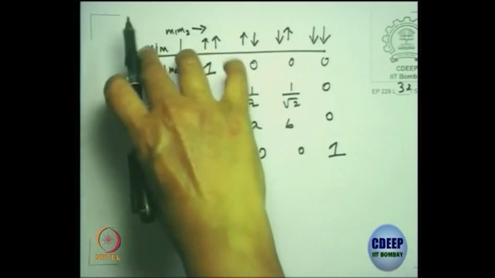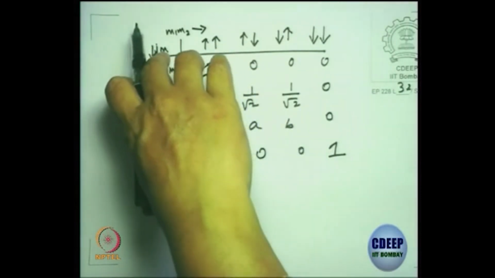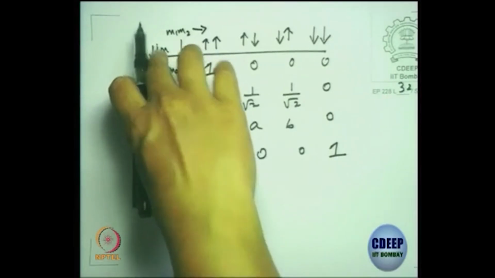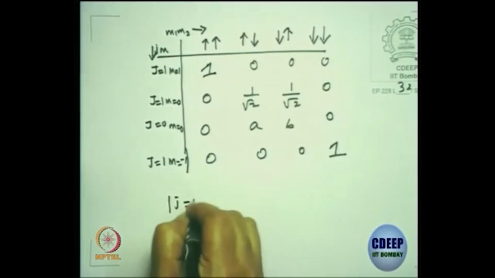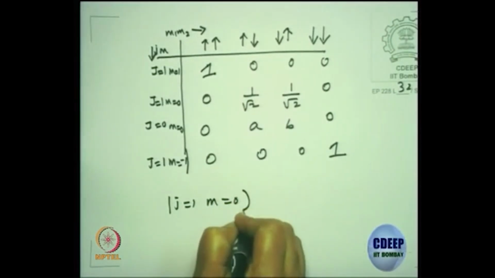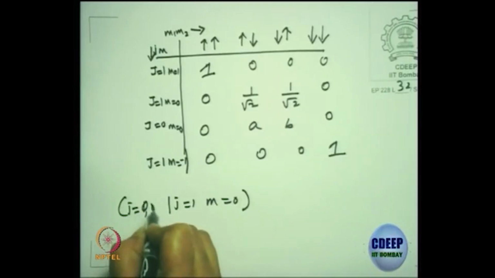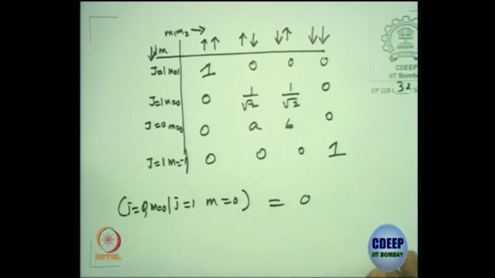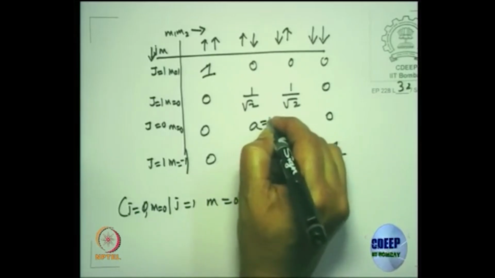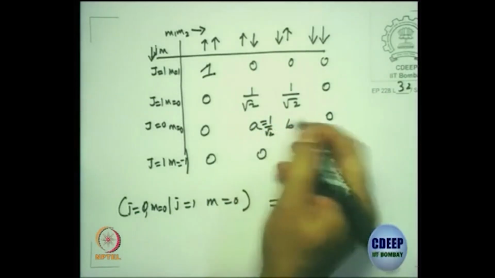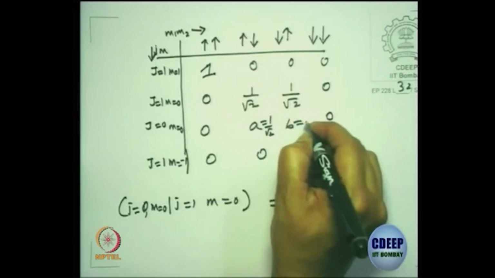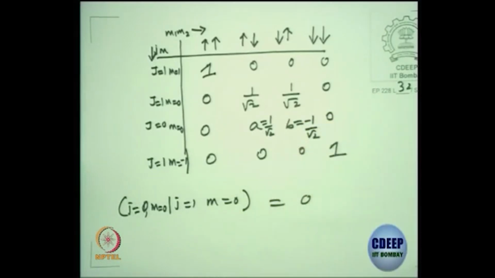If I call this a complete set of bases, I would like my j equal to 1, m equal to 0 to be orthogonal to j equal to 0, m equal to 0. So that is what will happen, and that will fix us. There can be some phase factors or sign factors. You could fix one convention and write it this way. So up to a sign, these two are correct.